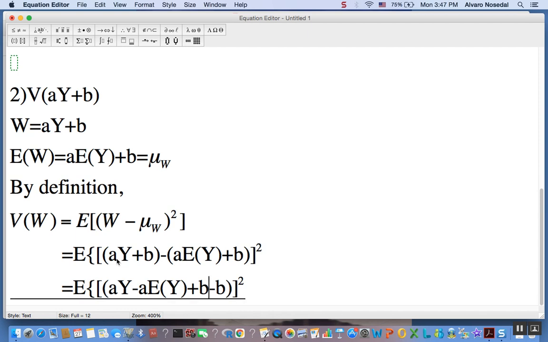Can you see what we're doing here? So a times y minus a times expected value of y, right? These two terms, this one is that positive b that we had, and then this is minus b, so these two guys will cancel out.